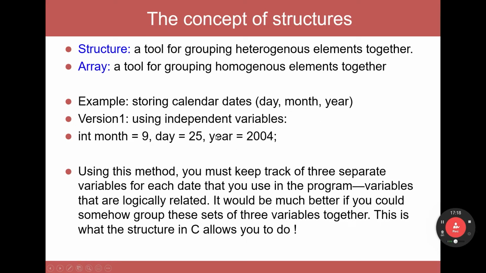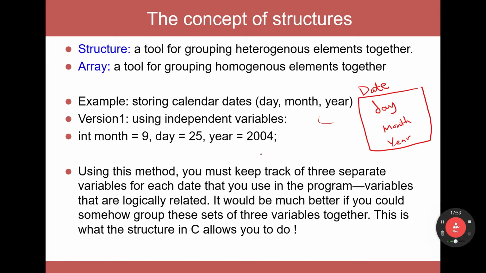Okay, so in this case, to create a date variable, we need to create a structure. So we will create a structure, and in that structure we will have something like this. We will have date. This is a date, and the date has 3 variables. It has a day variable, a month variable, and a year variable. Then after that we can use this structure to create one date variable.